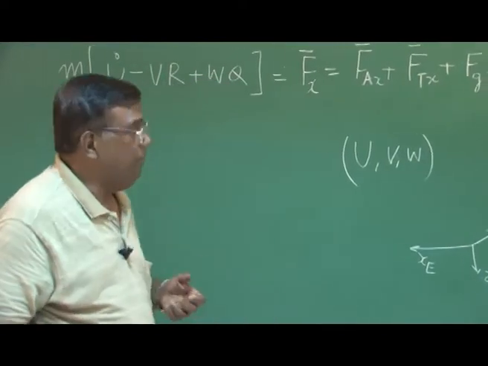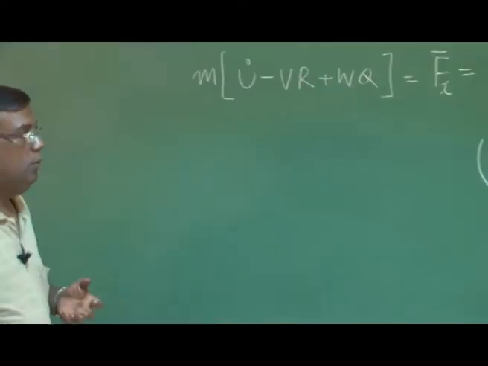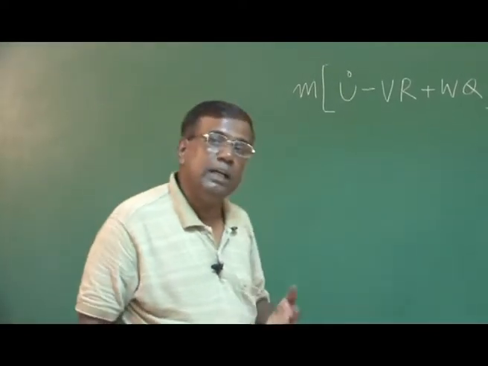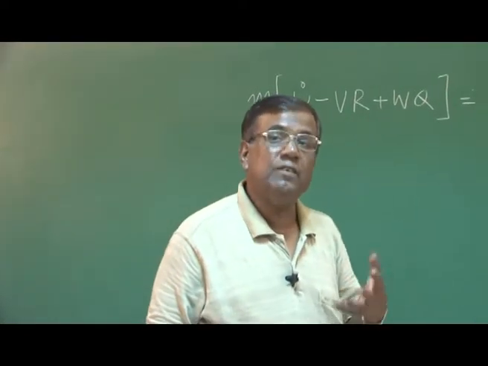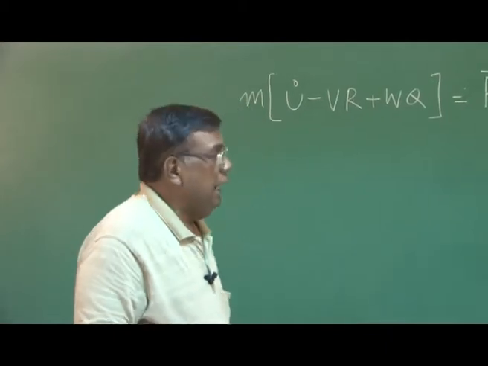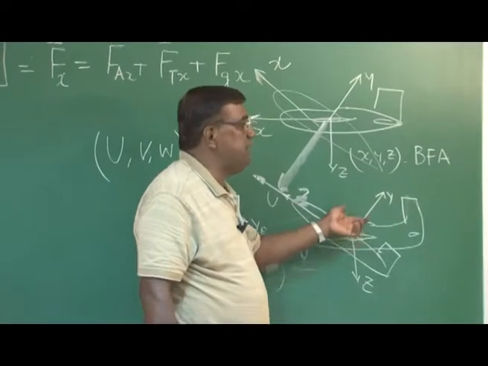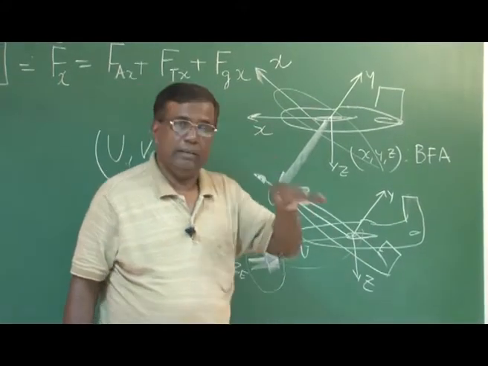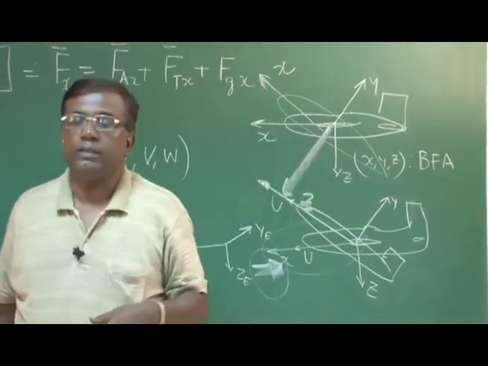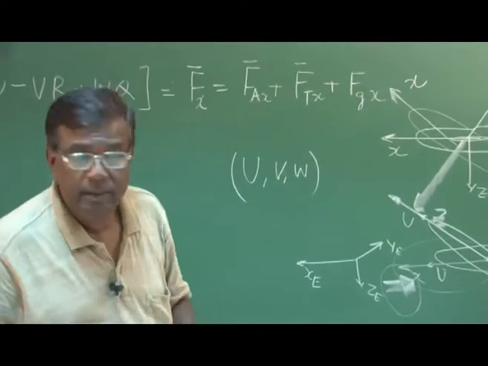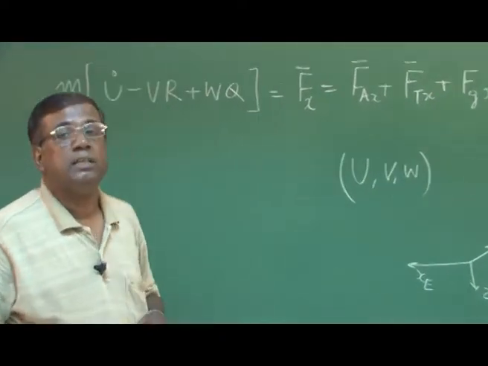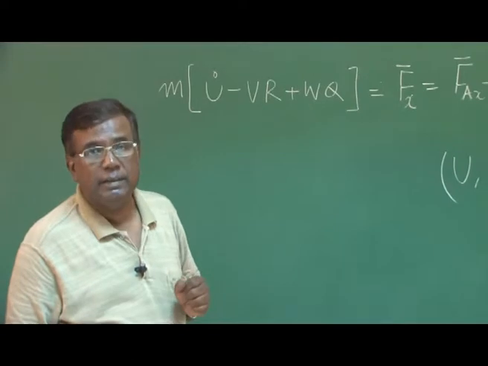Okay, that is important. So we need to know how to define the orientation of the airplane in space. I cannot measure the orientation with respect to the body fixed axis, because as the body rotates, the axis also rotates. Why does the axis rotate? Because it is a body fixed axis. So I cannot measure orientation with respect to the body fixed axis.